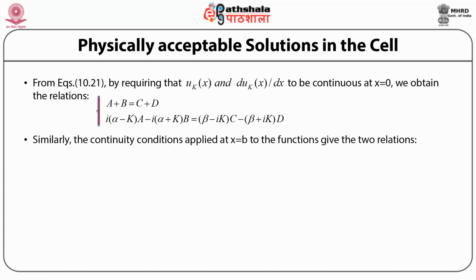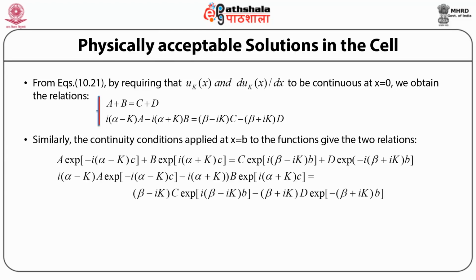Similarly, the continuity conditions applied at x is equal to b to the functions give the two relations as a times exponent of minus iota into alpha minus k into c plus b times exponent of iota into c into alpha plus k is equal to c times exponent of iota into b into beta minus iota k plus d times exponent of minus iota into b into beta plus iota k.